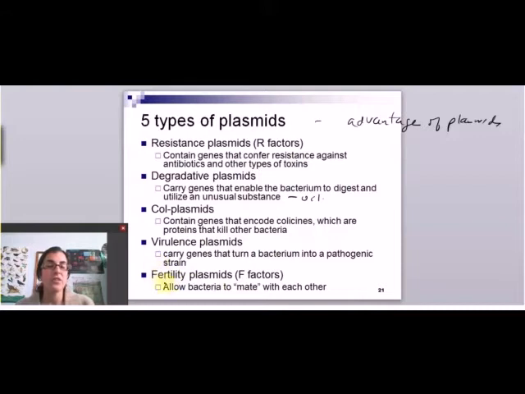And then the last one here is a fertility plasmid, or an F factor. Fertility plasmids are going to carry genes that allow bacteria to mate, hence the term fertility plasmid, which really in bacteria is just going to be an exchange of genetic material. And we'll talk about those in particular a little bit more later on.